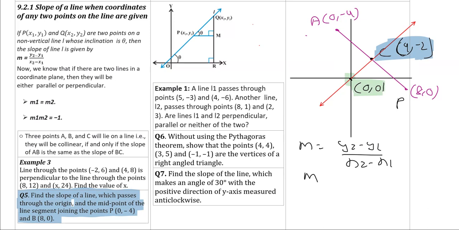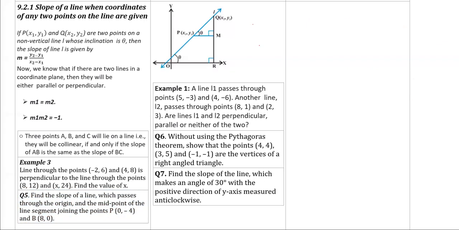If I replace these values, I'll get minus 2 minus 0 over 4 minus 0. So it will give you minus 2 over 4, that is minus 1 over 2. So we got the slope of this required line, and that was for question number 5.